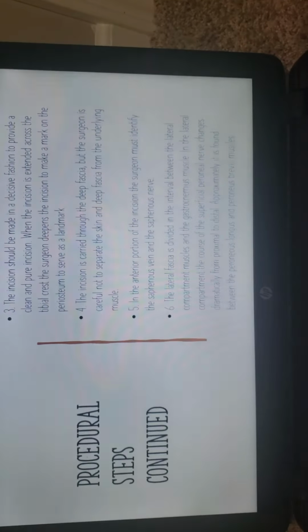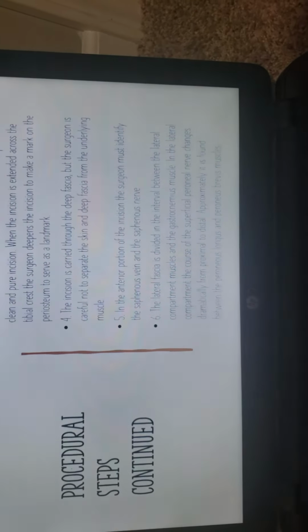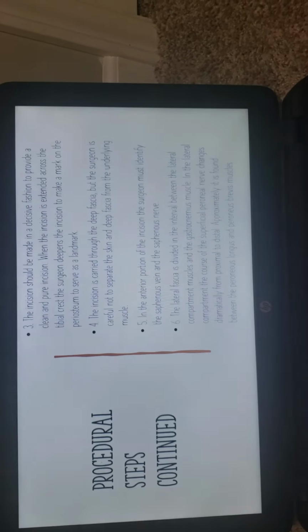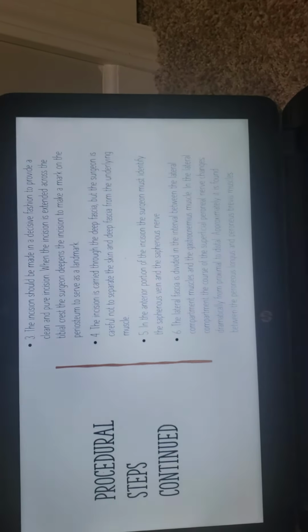So number 6, the lateral fascia is divided in the interval between the lateral compartment muscles and the gastrocnemius muscle. In the lateral compartment, the course of the superficial peroneal nerve changes dramatically from proximal to distal. Approximately, it is found between the peroneus longus and peroneus brevis muscles.